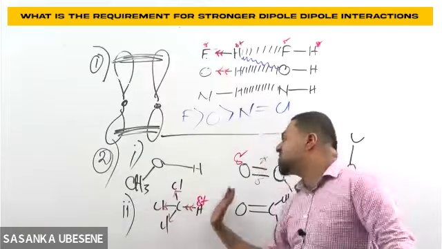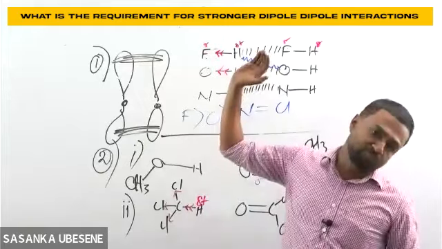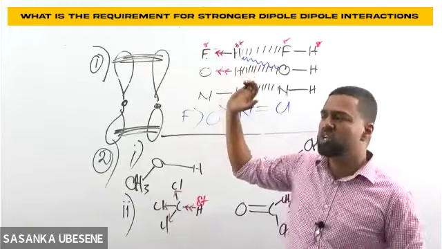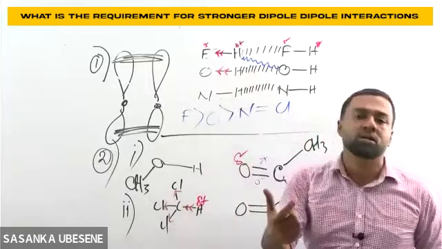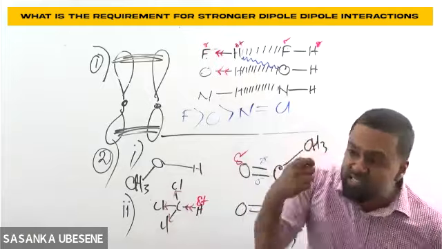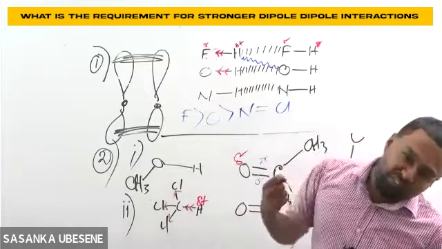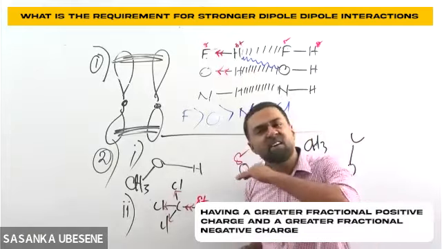Because of that, you have a greater fractional positive charge. So that is the requirement: having a greater fractional positive charge and a greater fractional negative charge. That is the summary.